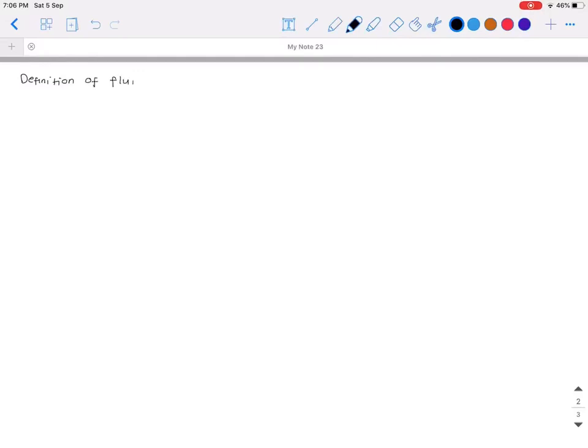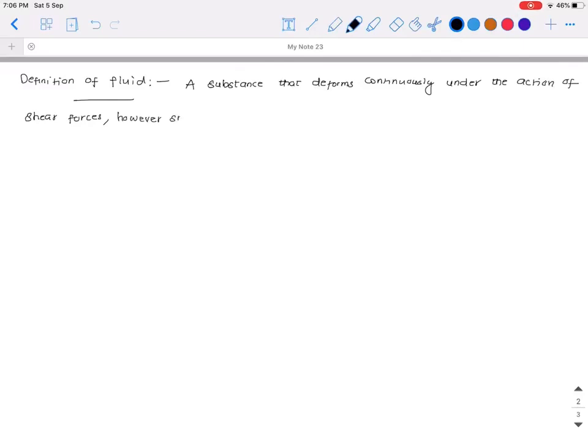Definition of fluid. Okay, so fluid is a substance that deforms continuously under the action of shear forces, however small the shear may be.